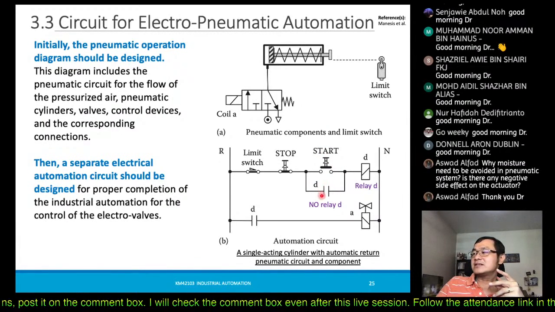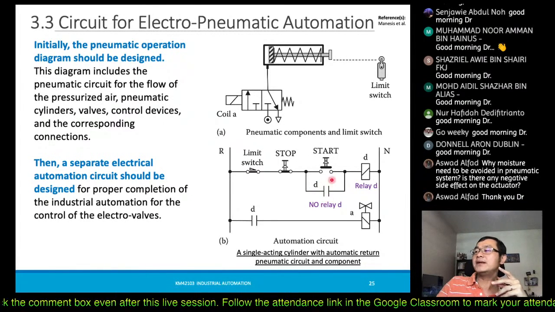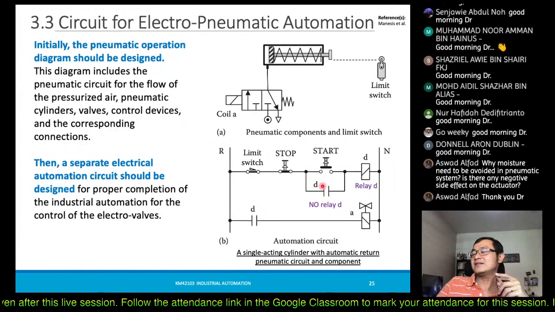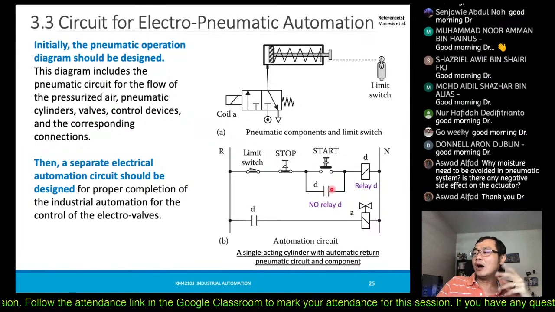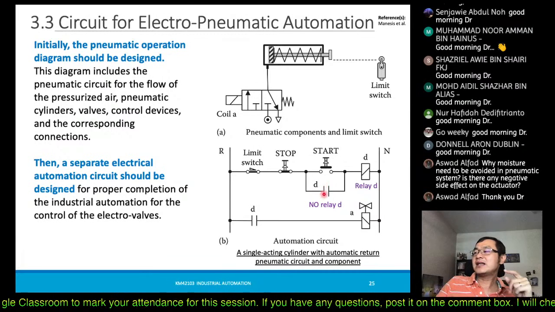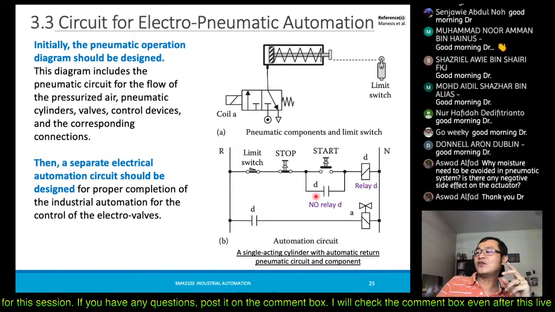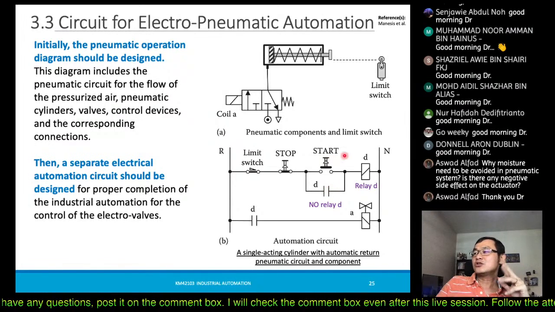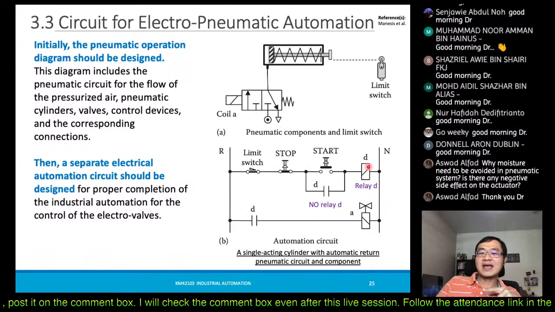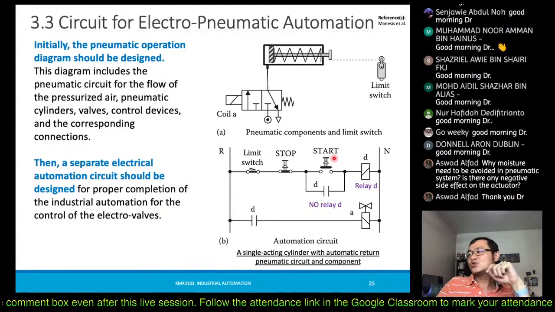And this represents a normally open relay, relay D. To close this, we must activate this relay. Before we can activate this relay, we must press the start button.